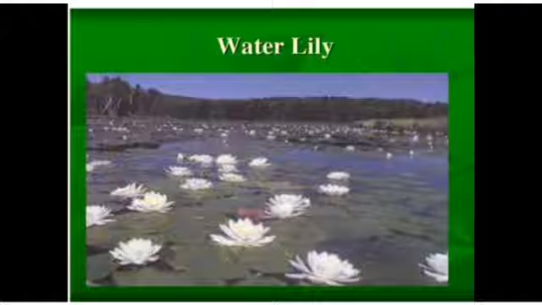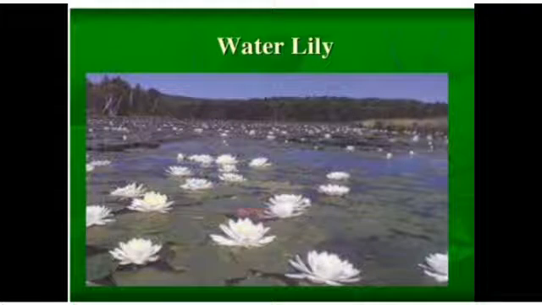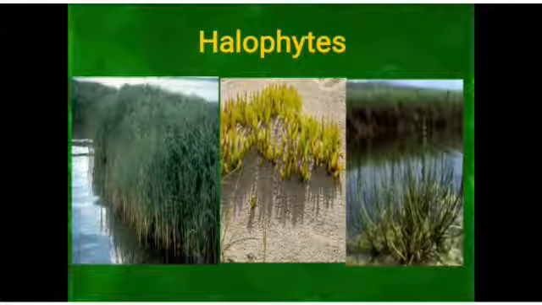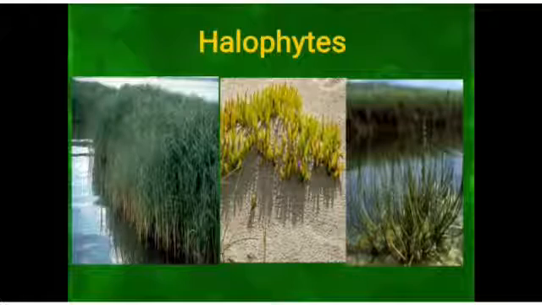Students, moving on to another category, that is halophytes. The plants that grow in salt marshes close to sea are termed as halophytes. They have to absorb water from soil having higher salt concentration and lower water potential.